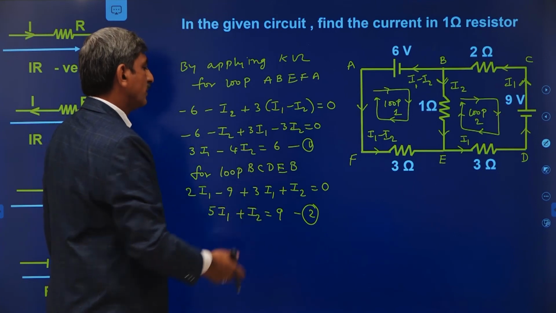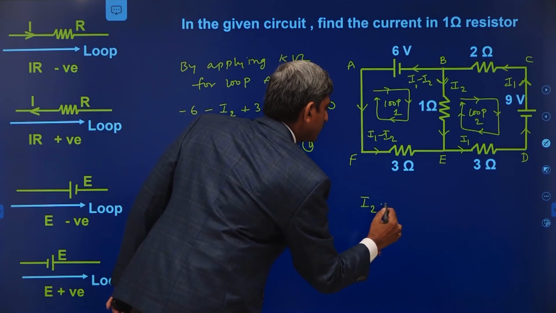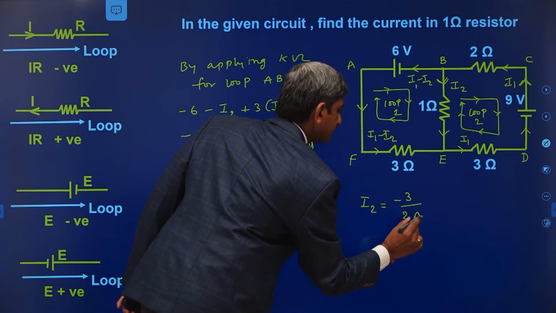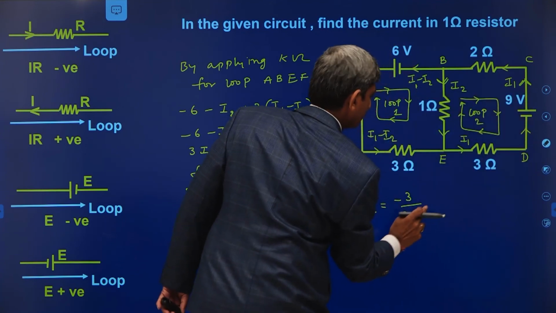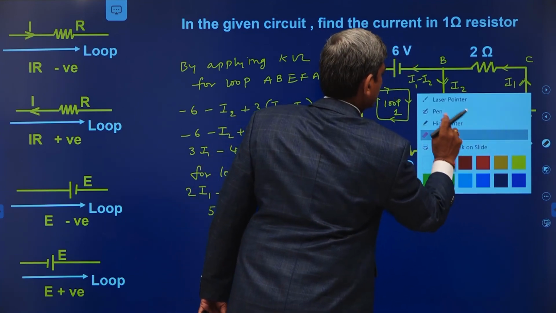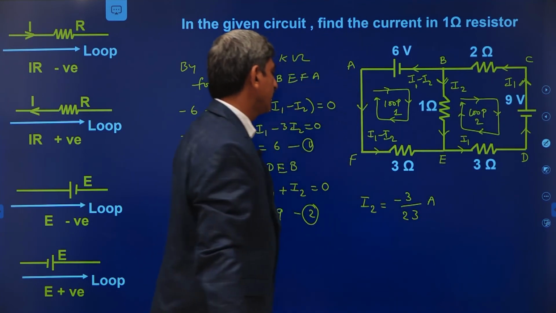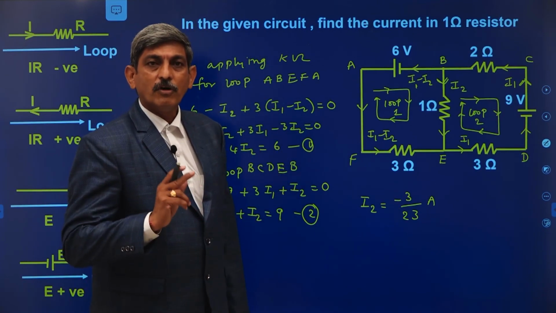By solving these two equations, I2 is found to be minus 3 by 23 amperes. See that here we have the current value with a negative sign. What does it mean?